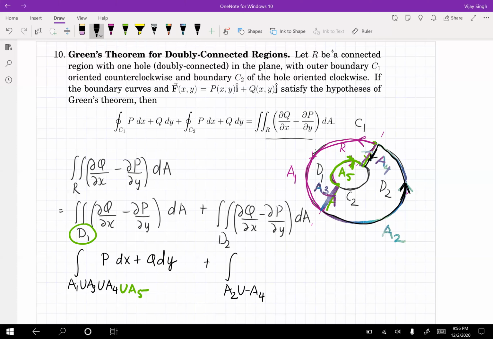Then we take this one here, let's call that part A6. So A2 union minus A4 union A6 union minus A3, of P dx plus Q dy.